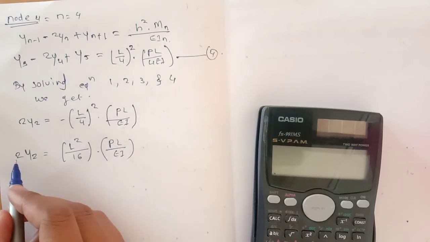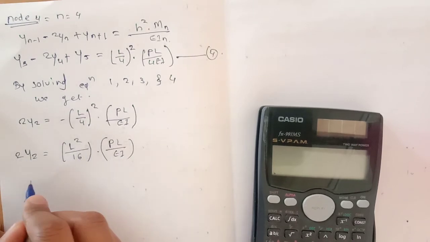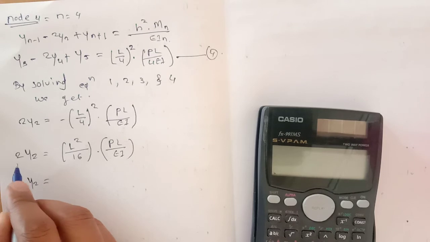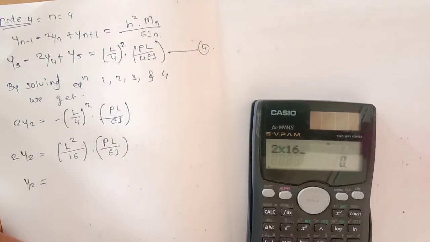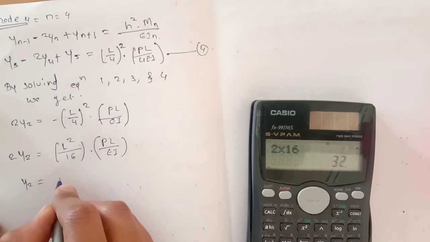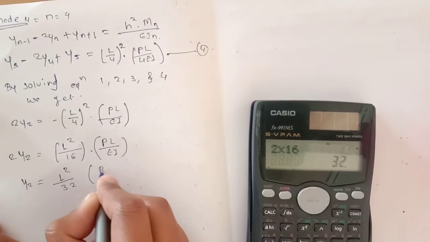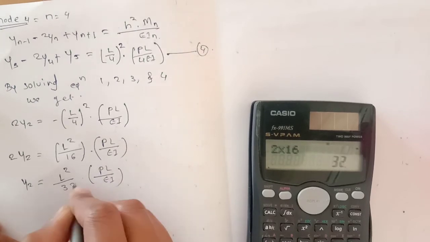Then multiply by 2. Here y2 is equal to 2 into 16, which is nothing but 32. That means L square divided by 32 into PL divided by EI.